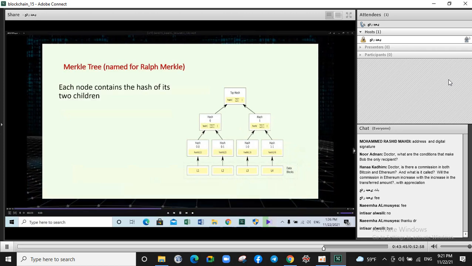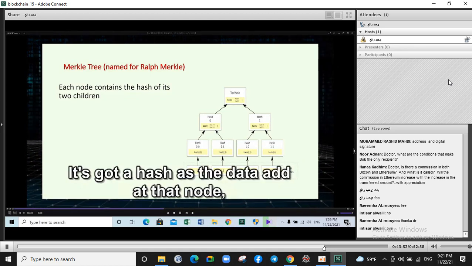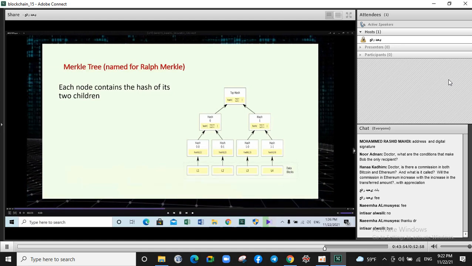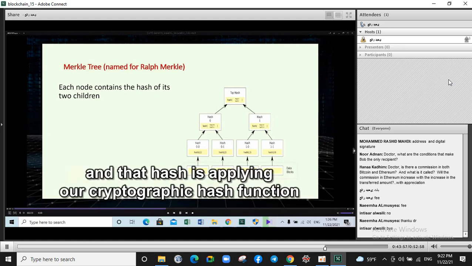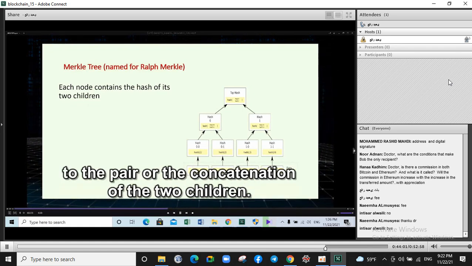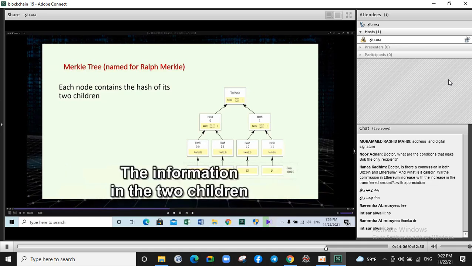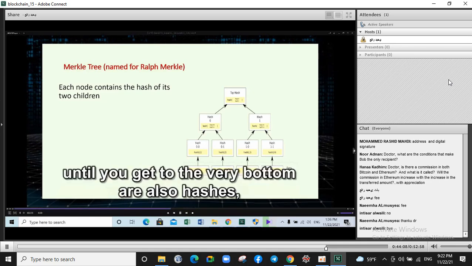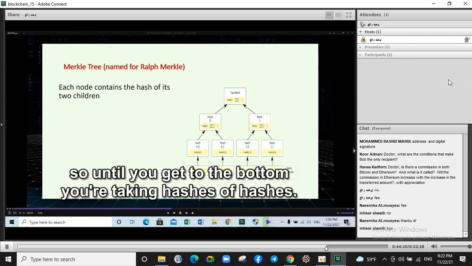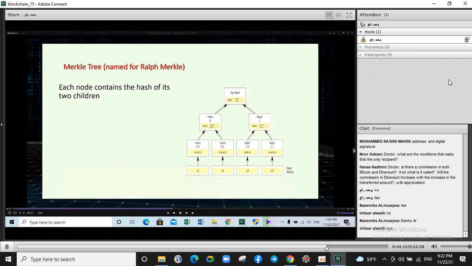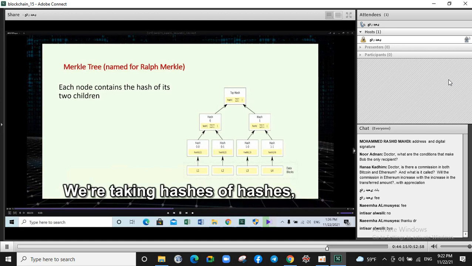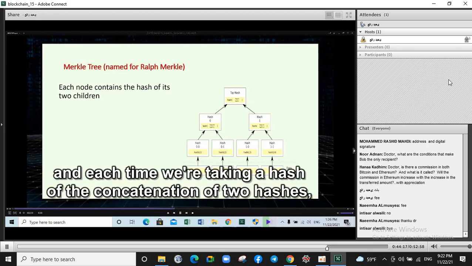It's got a hash as the data at that node, and that hash is applying our cryptographic hash function to the concatenation of the two children. And the information in the two children, until you get to the very bottom, are also hashes. So until you get to the bottom, you're taking hashes of hashes, right? Each time we're taking a hash of the concatenation of two hashes, one for each of the children below it.